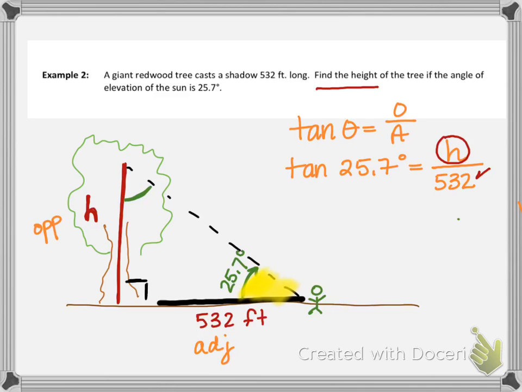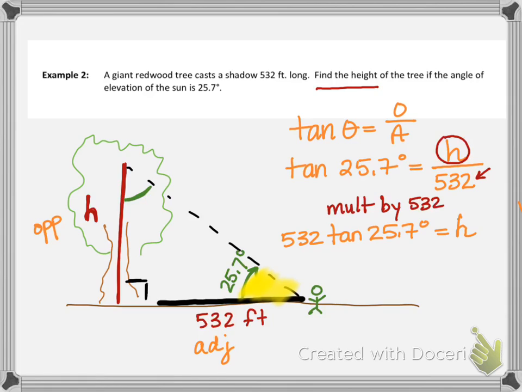That means this number needs to go. So what do I do to both sides? Well, 532 is dividing, so I need to multiply by 532 on both sides, and that will end up looking like this. So now I have 532 times the tangent of 25.7 degrees equals h, because the 532 canceled on the other side.